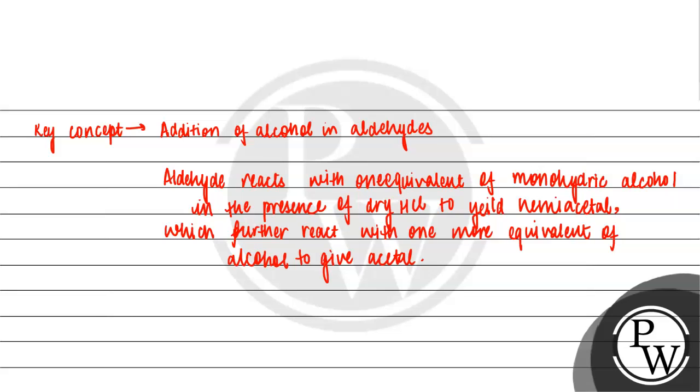Now let us look into the generalized reaction. अगर हम रिएक्शन के मैकेनिज्म की बात करें तो ये हमारा RCHO है. It is reacting with, and also this is a reversible reaction.